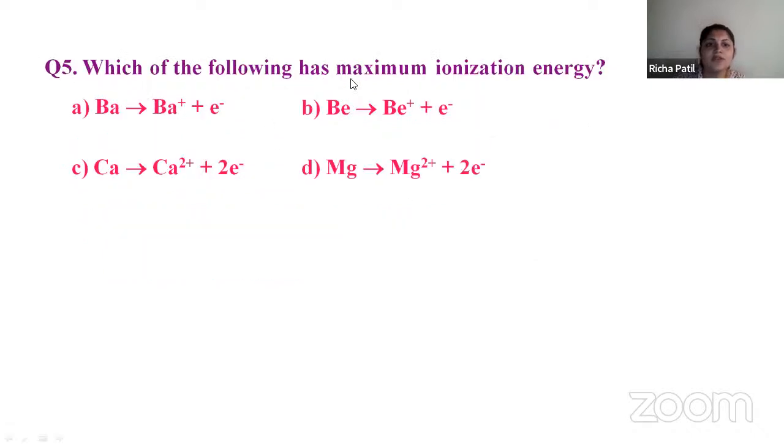Which of the following has maximum ionization energy? Which one of these will have maximum ionization energy? What is the answer? Magnesium, beryllium, magnesium, calcium, strontium.